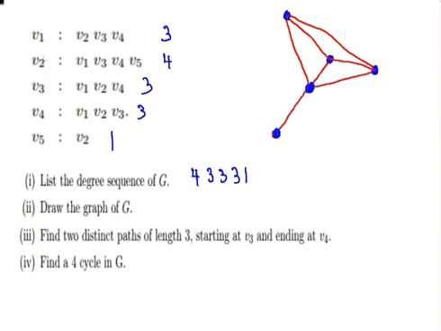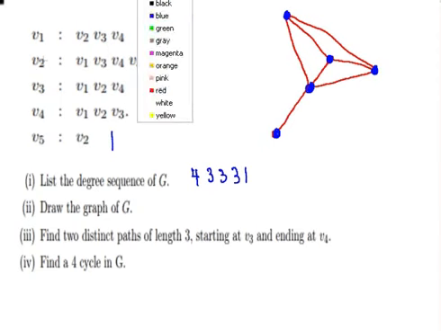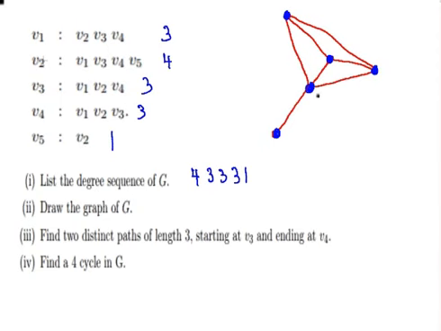So if we just look at this now. In the middle we have vertex 2, and this is connected to vertex 1, vertex 3, vertex 4, and also vertex 5. So let's look at this now. I have vertex 1 here. It is connected to vertex 2, vertex 3, and vertex 4.